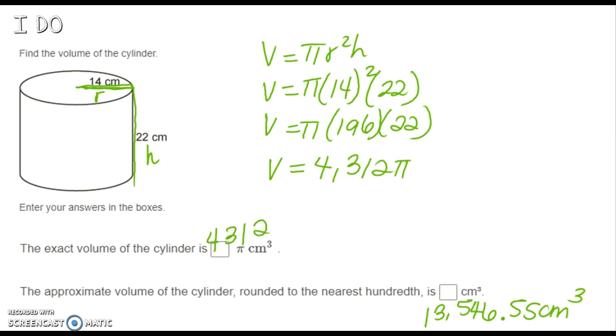The biggest thing here is to understand that when you're looking at this diagram, half of the length of that circle is our radius. So when you're given a diagram, you have to be able to pull those two pieces of information.